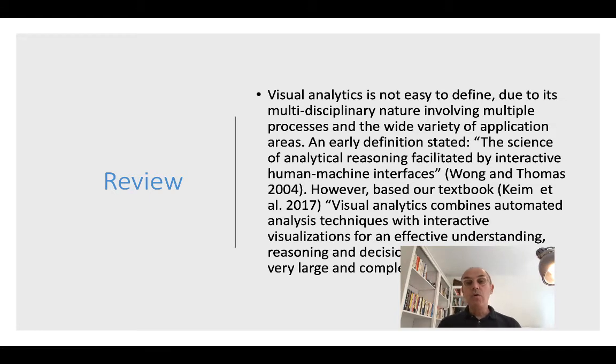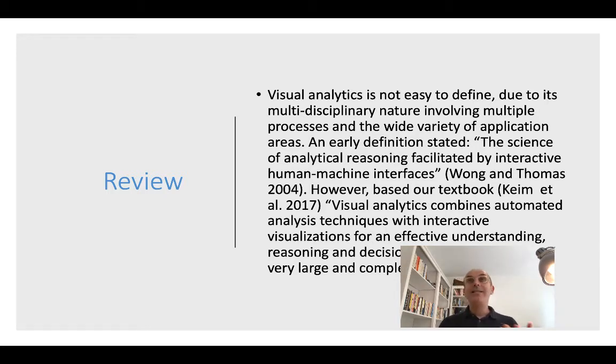Visual analytics is not easy to define because it involves many fields, many technologies, many aspects from art to science. In the early definition, the science of analytical reasoning was the idea of an interactive human-machine interface, so the early definition included the computer.